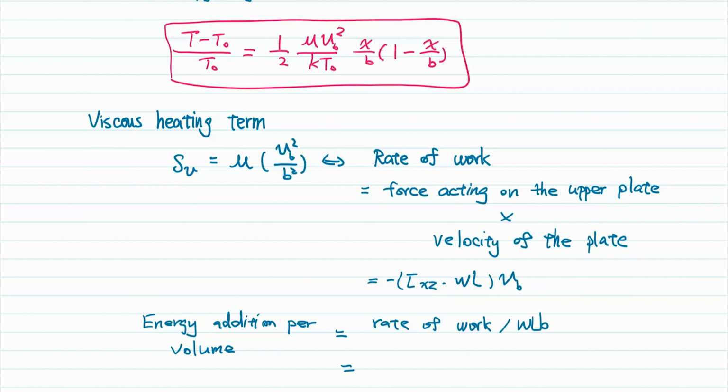So that equals tau xz times VB over B, which equals mu VB squared over B squared, equals S. Okay, so you can think of this in two ways, right? The viscous heating term is the rate of work and equals the force acting on the upper plate times the velocity of the plate. And it can also be viewed as the energy addition per volume, which is the rate of work divided by the volume.